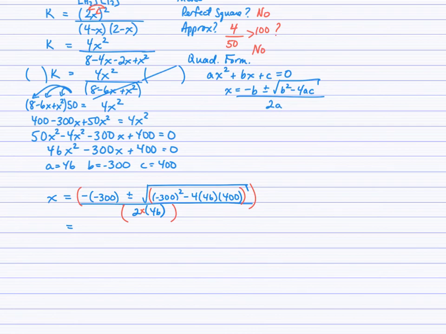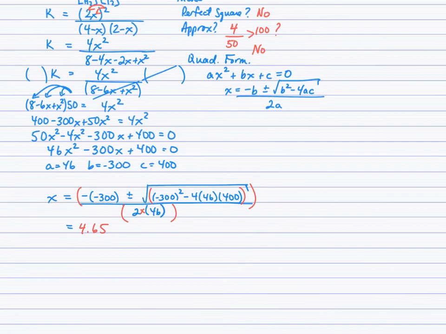If you weren't going to do that, you'd need to put brackets around your negative 300. Minus 4 times 46 times 400, close the brackets, and that's the end of that. Then I will close them again to surround the numerator, divide by, open brackets, 2 times 46, close the brackets, equals. And so I'm finishing here with 4.65 for one value of x.